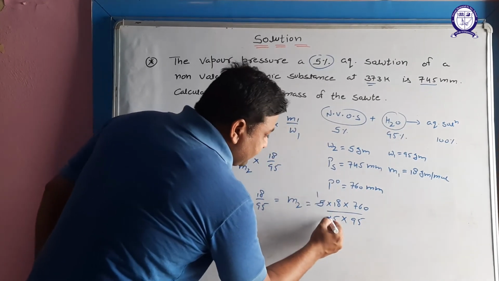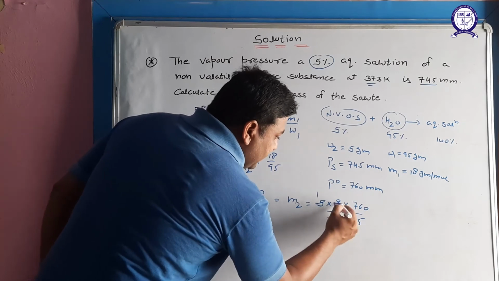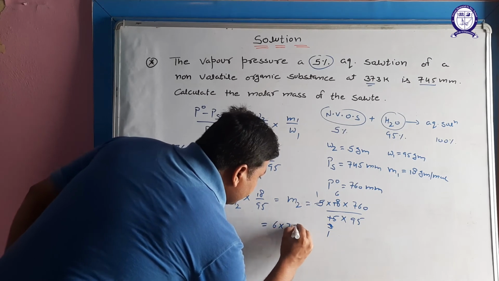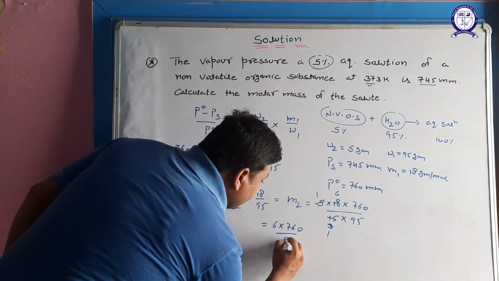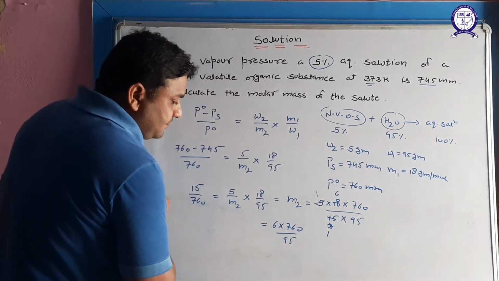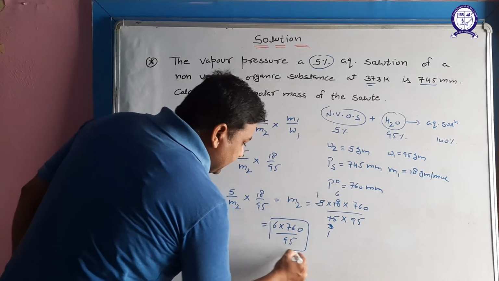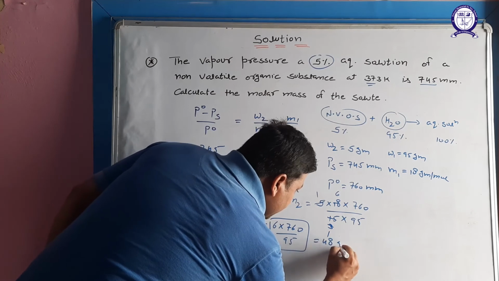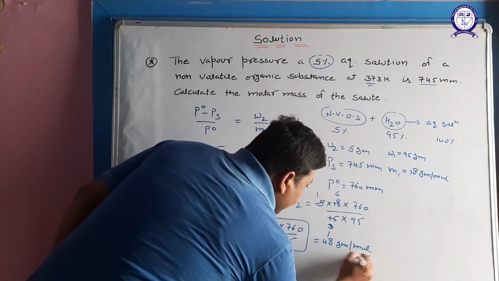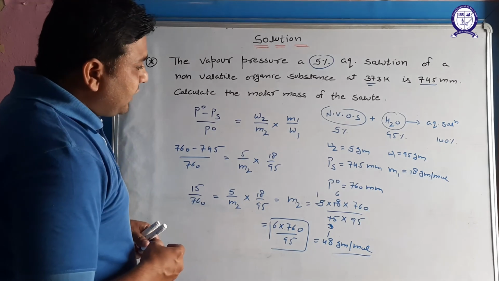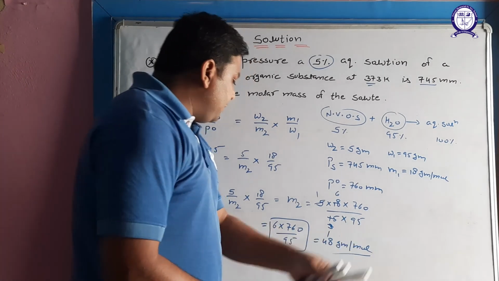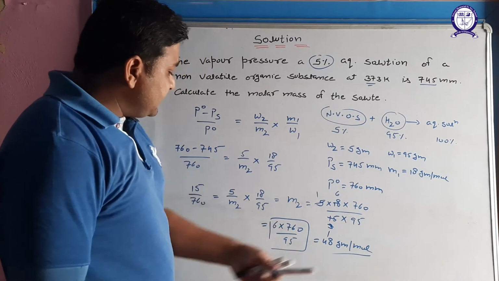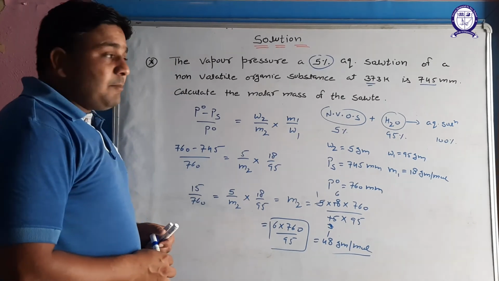Calculating, 5 cancels with 15 giving 3, and 3 with 18 gives 6, and the value becomes 6 into 760 by 95. Solving the mathematical value, this becomes equal to 48 gram per mole. The molecular mass of the unknown solute is 48 gram per mole. Mathematically, 6 into 760 by 95 equals 48 gram per mole.